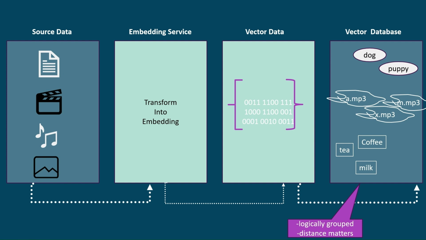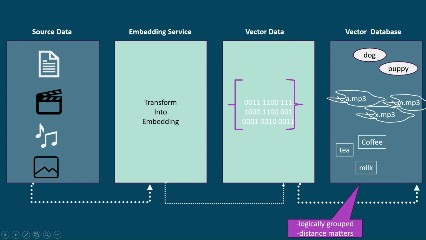First, the input is processed through a model such as a transformer for text or a CNN for images to extract the key features. These features are encoded into fixed-length vectors like what you see here, in a high-dimensional space where similar items are positioned close to each other. Something like this: dog and puppy are close to each other.